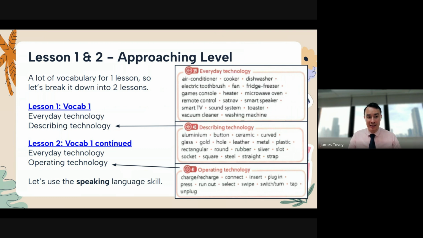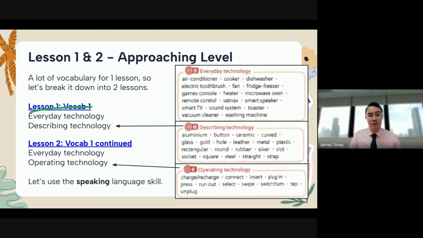Now, honestly, it is quite excessive with the amount of vocabulary words here. So if you know your students and you're still thinking, hold on, even if I divide that between 2 lessons, that's still going to be quite a lot, well, maybe then you want to expand it out a little bit again. So you could do 3 lessons.